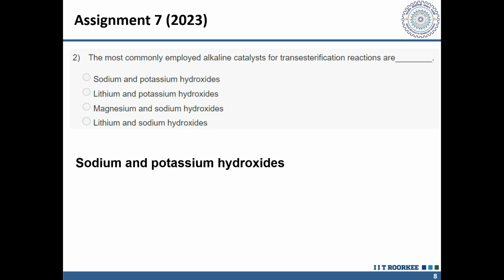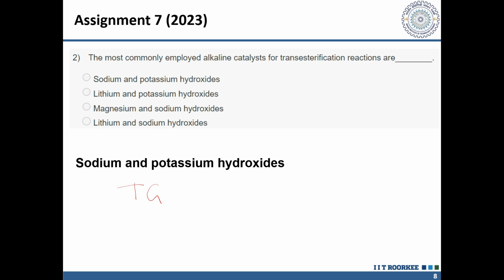So now let's move on to the second question. The most commonly employed alkaline catalyst for transesterification is... Before moving to the answer, what is a transesterification reaction? In this case, it means that if we have an oil, the oil is in triglyceride form.